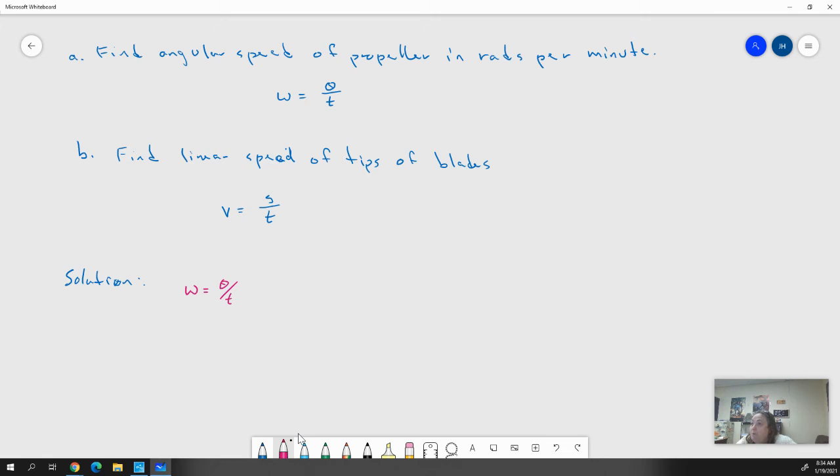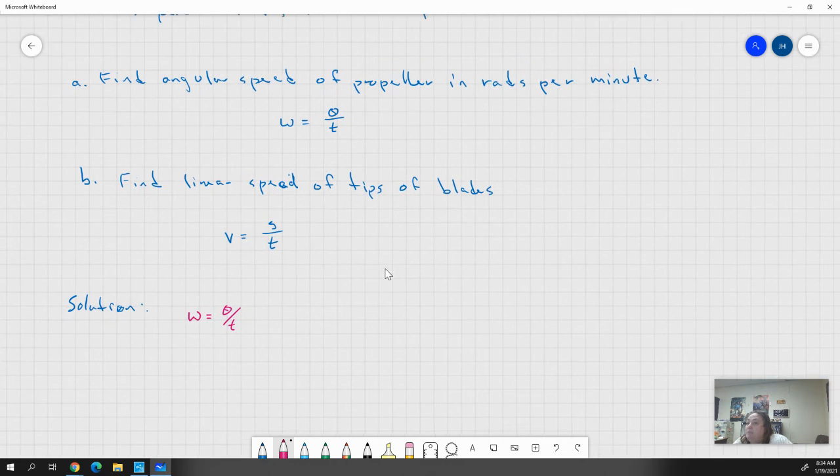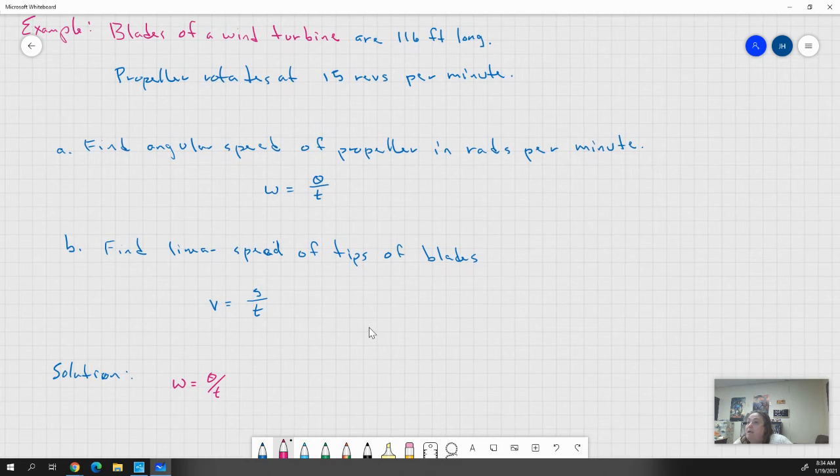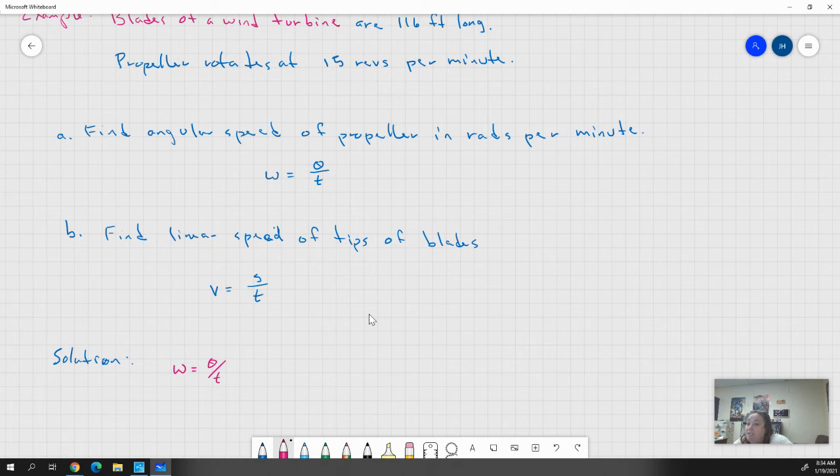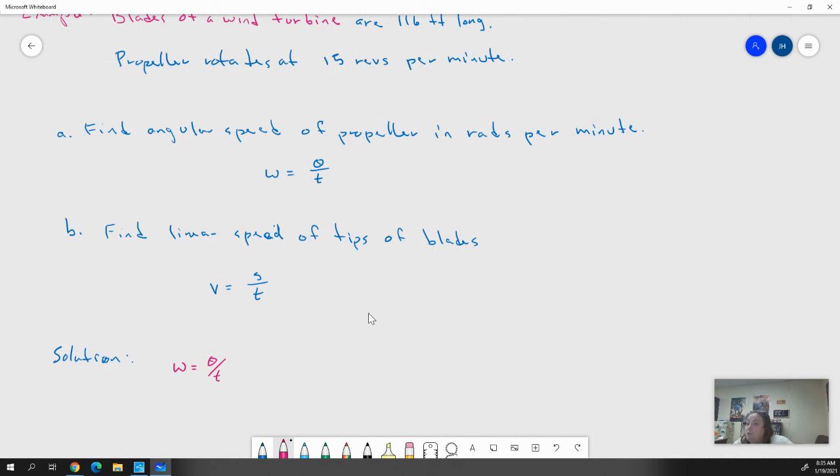So we're going to look at what pieces of information we have. The propeller rotates at 15 revolutions per minute, right? So it turns 2 pi, right?